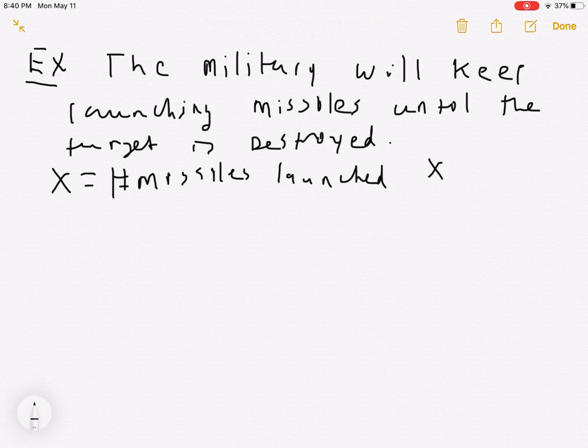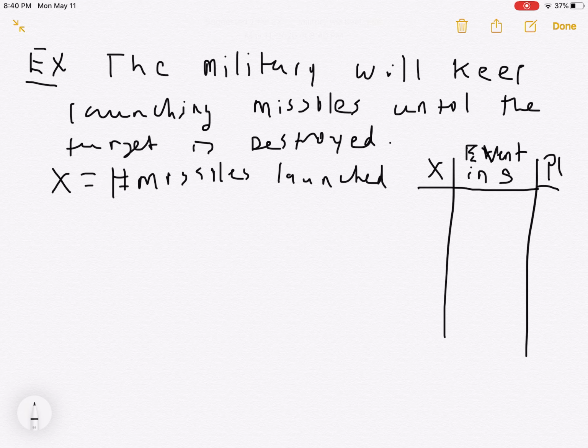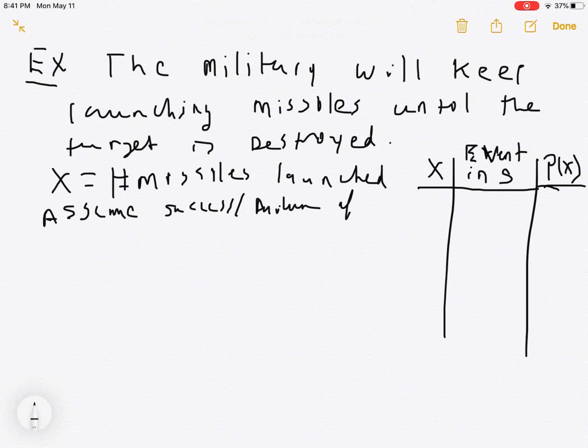Okay, so I'm going to have a table here, x versus the event in S, and I'm also going to have P of X. Okay. Now there's going to be an assumption here, and we're going to assume the success or failure of each missile is independent.